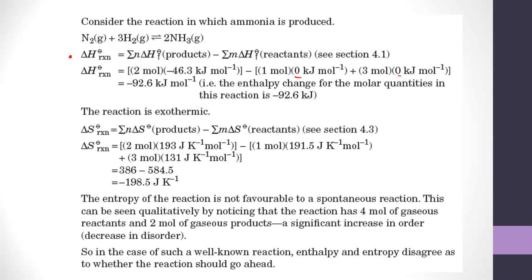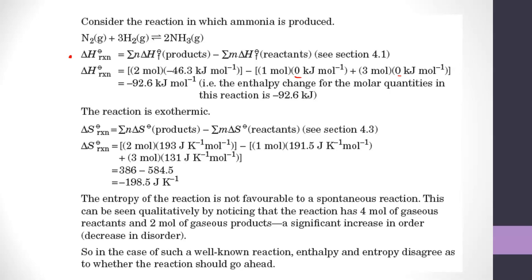So we know this reaction is exothermic, but we can also look at the entropy of the system. We have 4 moles of gas going to 2 moles of gas, which would indicate a decrease in entropy. If we calculate this from the sum of the entropies of the products minus the sum of the entropies of the reactants, we can see that this is what we get: a negative entropy value of 198.5 joules per Kelvin.